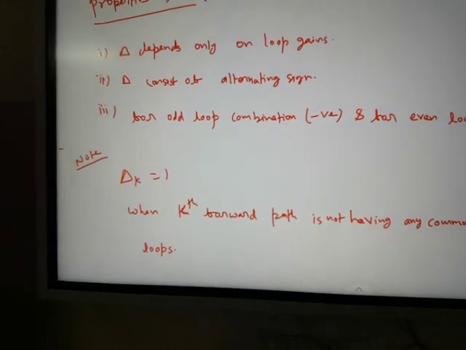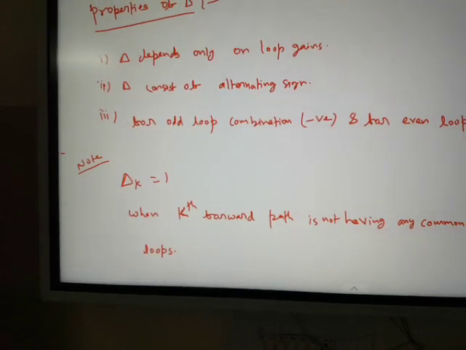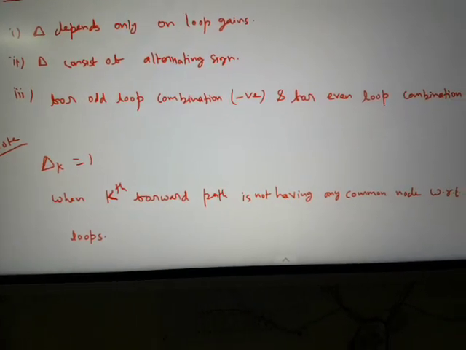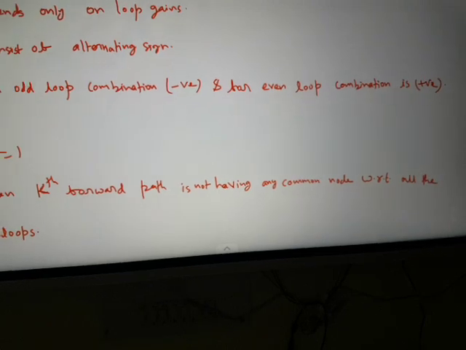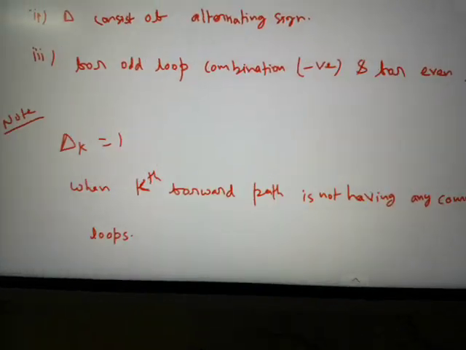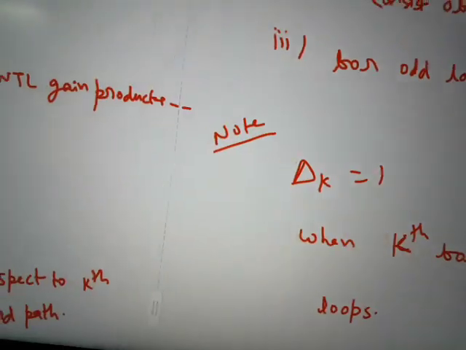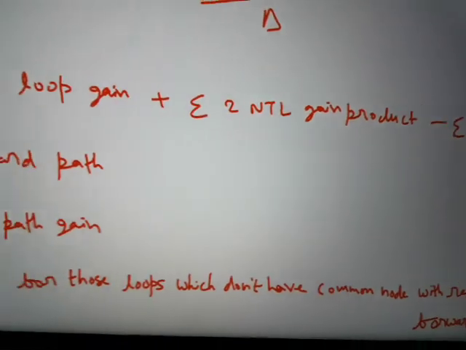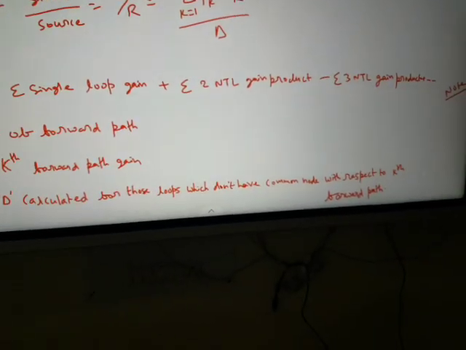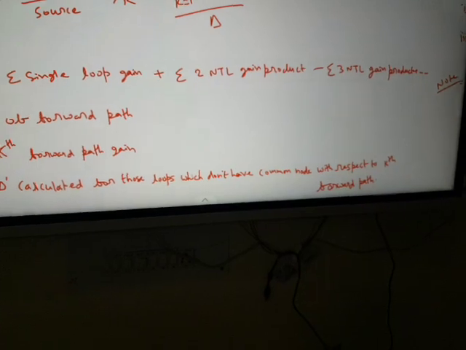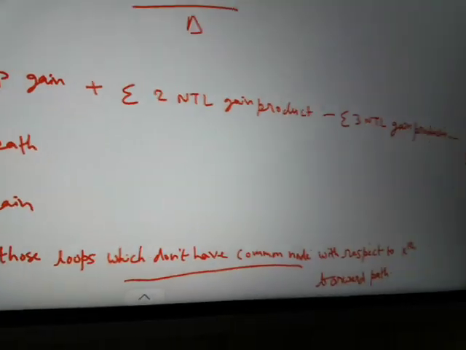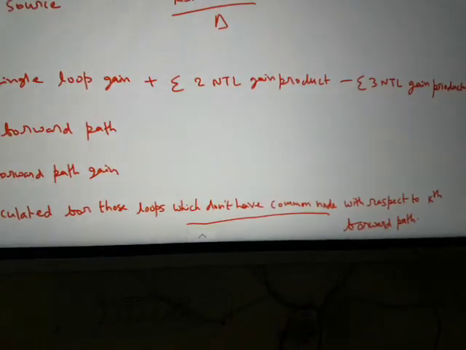Okay, and note that del_k will be 1 when the kth forward path does not have any common node with respect to all the loops. In the previous part I told you that del_k is delta calculated for those loops which don't have a common node with respect to the kth forward path.